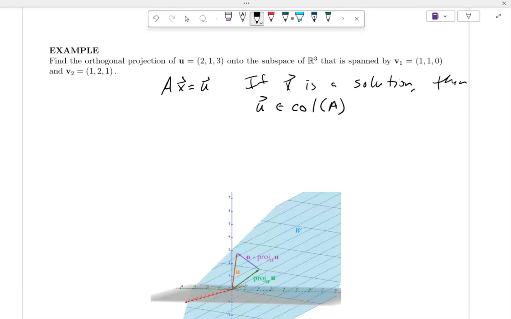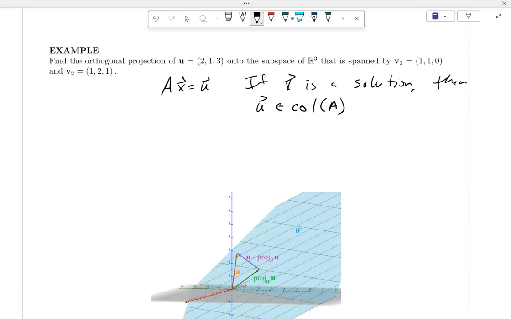If I can find that solution, we agree with that? Then my u really is in my column space of A. Now, the way I have this drawn, am I going to be able to solve this system the way I have it drawn? No. Right? I purposely picked a vector that wasn't in there, right?